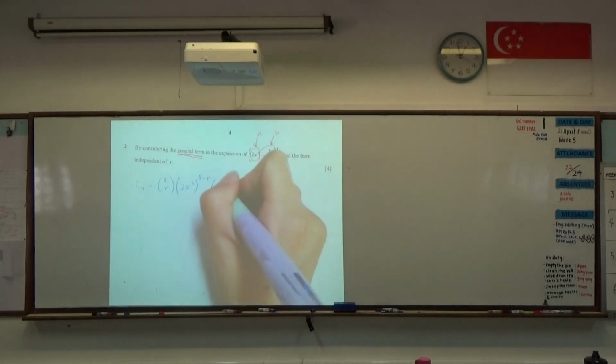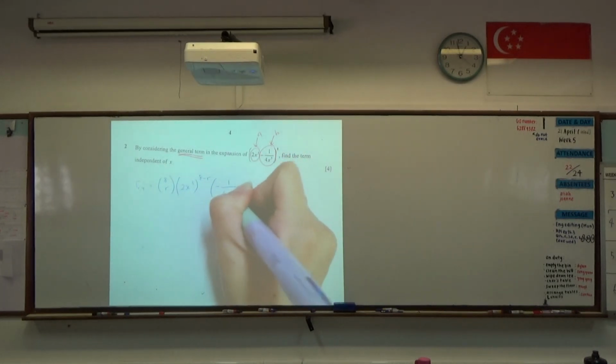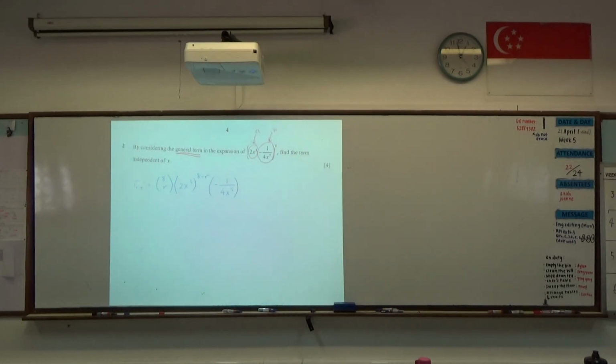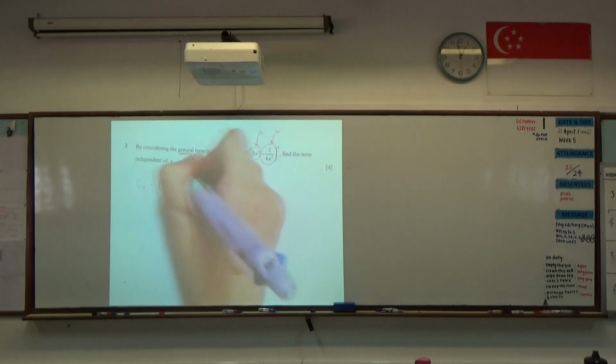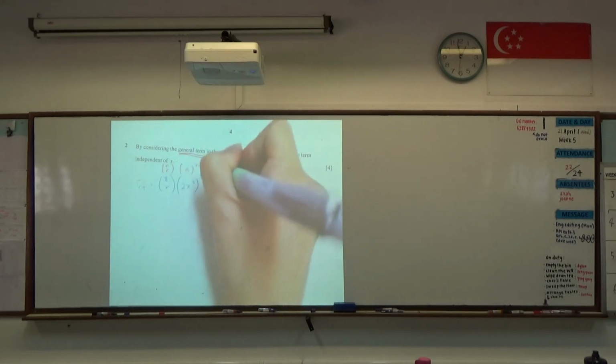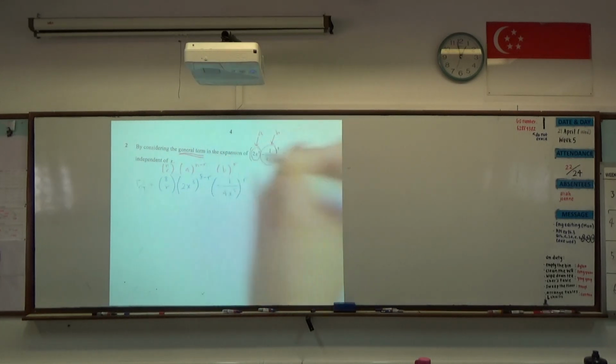Then your B is negative 1 over 4x to the power of 5, to the power of r. Because the formula is N choose r, A to the power of N minus r, B to the power of r.